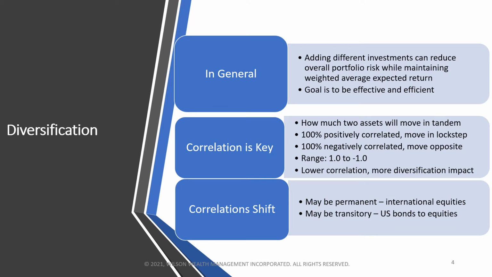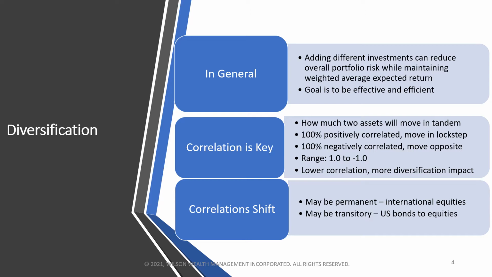Diversification, in general, is where you add different assets to the mix. And by doing so, you can reduce the overall portfolio risk while still maintaining the weighted average expected return. And again, here the goal is to be effective and efficient.